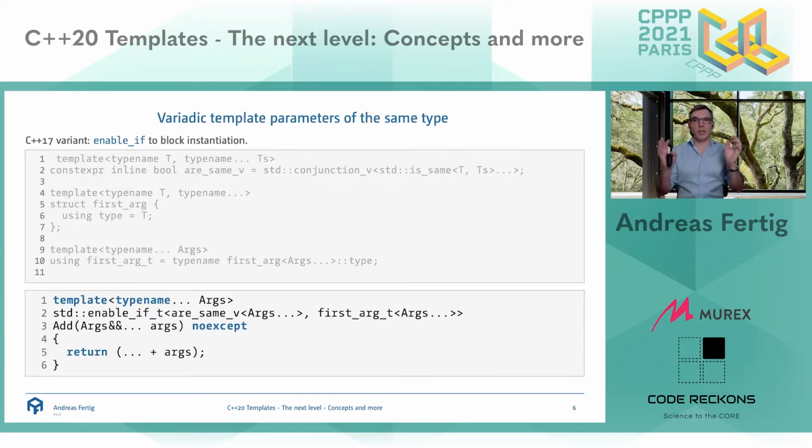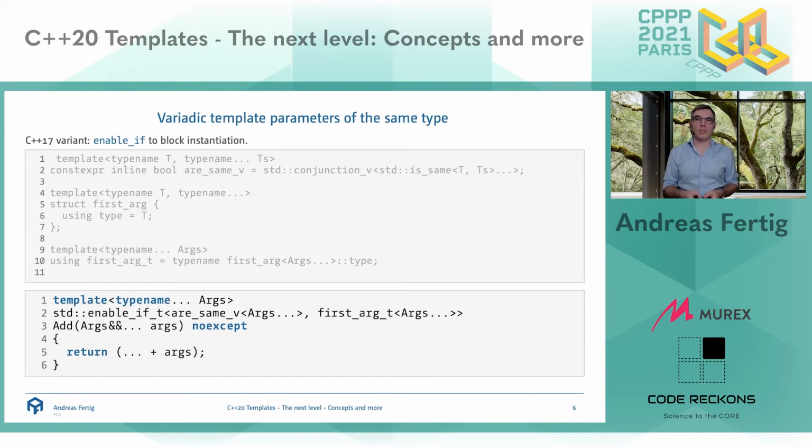Okay, and the second helper is first_arg_t. It also takes a parameter pack like my rSameV, and it uses this internal helper struct in line number 5, first_arg, and all it does there practically is split up the first type from the parameter pack and provide it inside in line number 6 with a using.